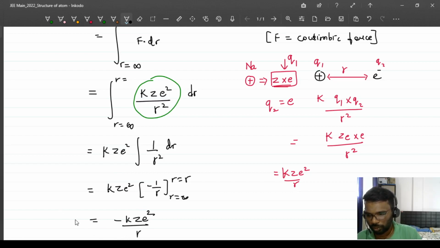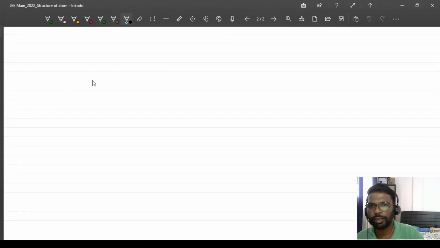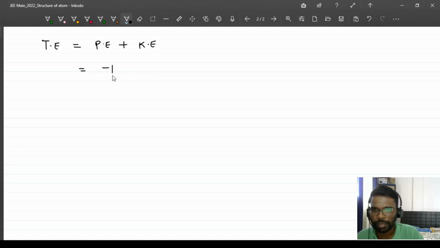This is your potential energy, U. So the total energy is equal to potential energy plus kinetic energy. Now, potential energy is given as minus k Z e square by r.